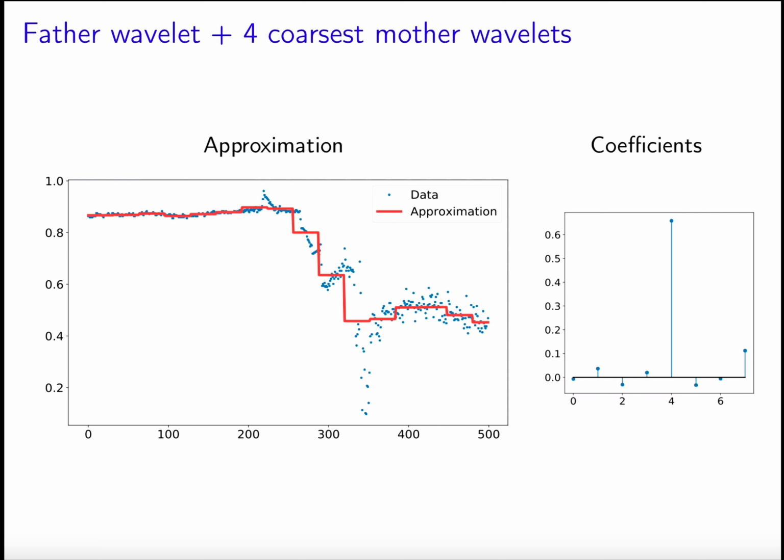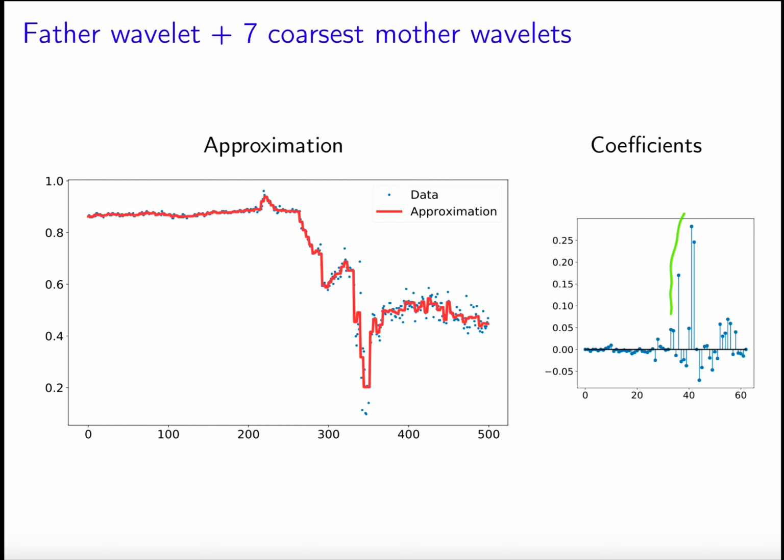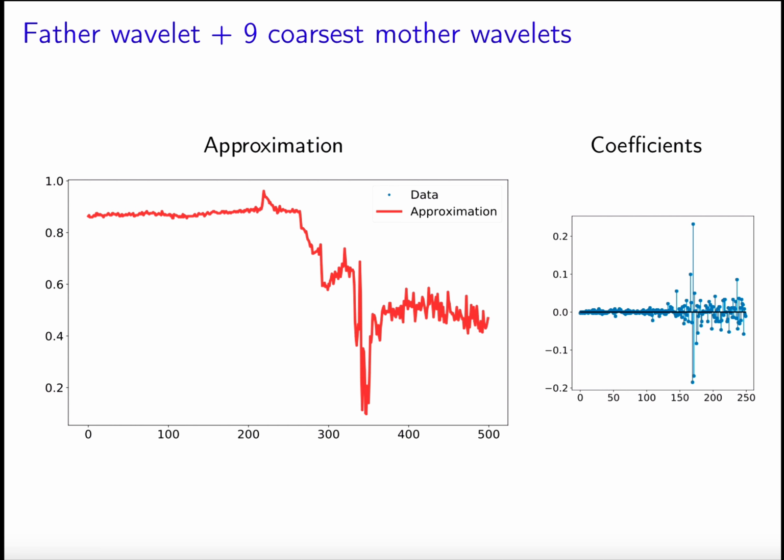And we can make the approximation even finer and finer. Again, we keep seeing that on the right part there's a lot going on, and in particular in the middle, where clearly there's more change, which corresponds to here. And eventually, if we incorporate enough mother wavelets, we can approximate the signal exactly.